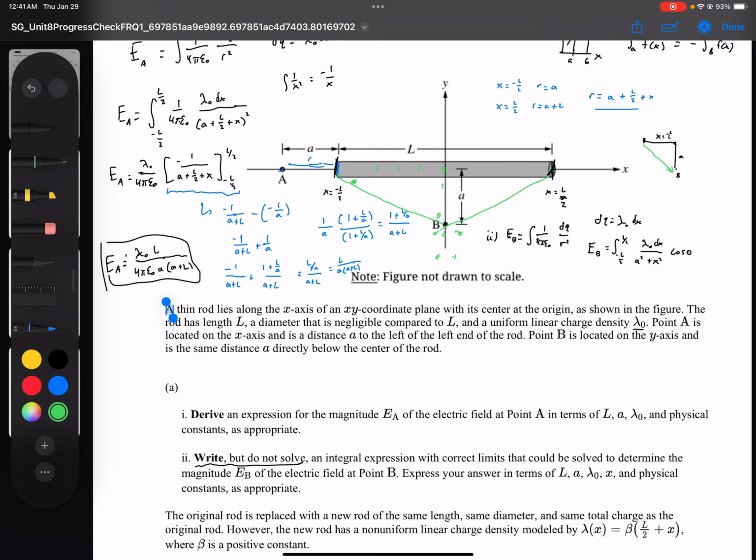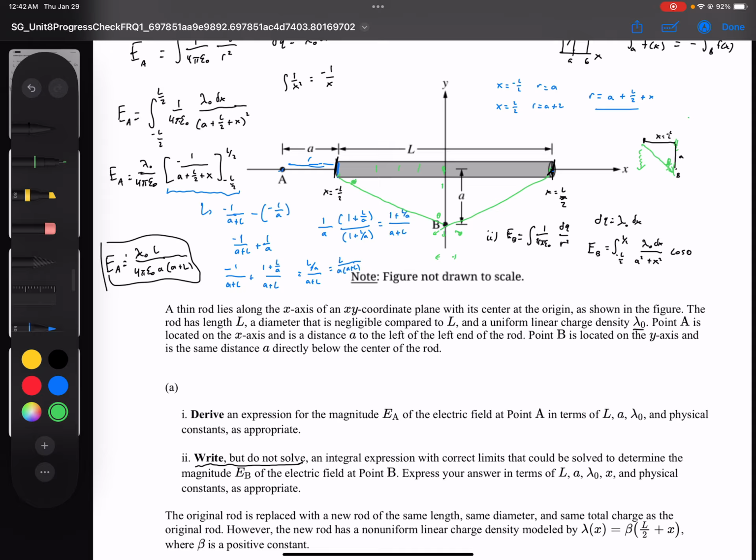But then also, in terms of the component of the electric field that actually adds up across the entire rod, I guess it might be easier just to see it. It's basically this distance a away from it. So I'm looking at this component that's parallel to a, that's going to be the component of the electric field that's going to add up as I integrate across the entire rod. If I choose this angle theta here, that component is going to be adjacent over hypotenuse, right?